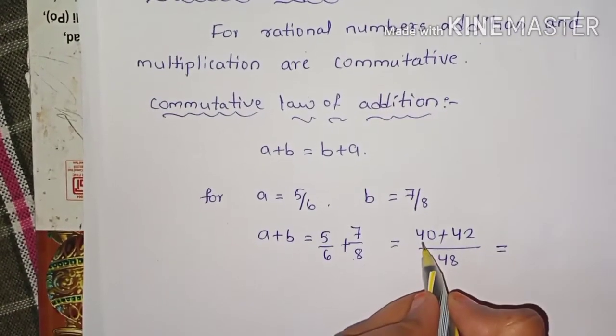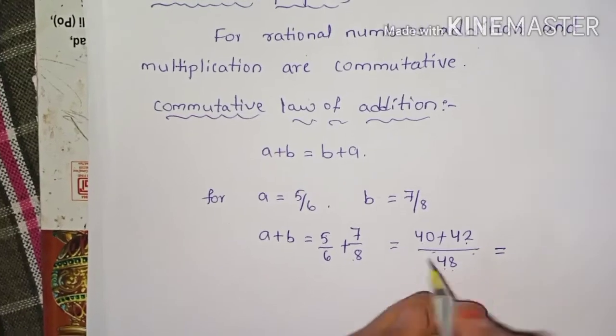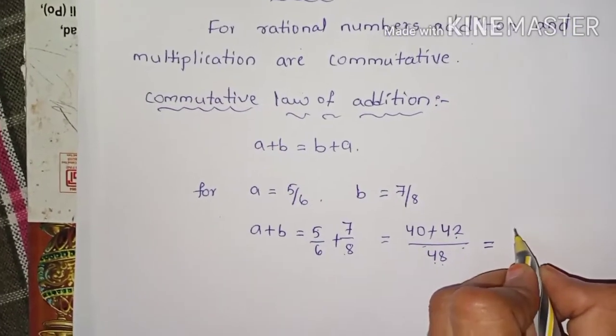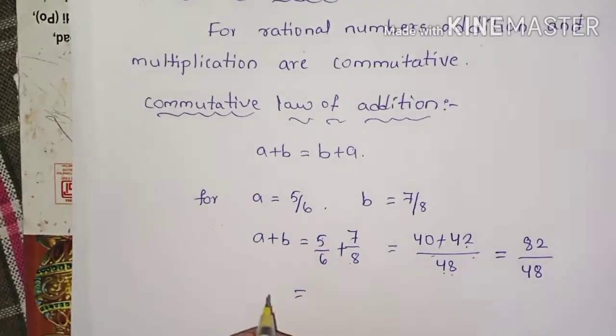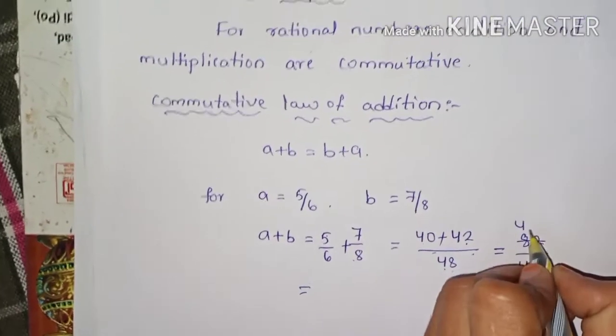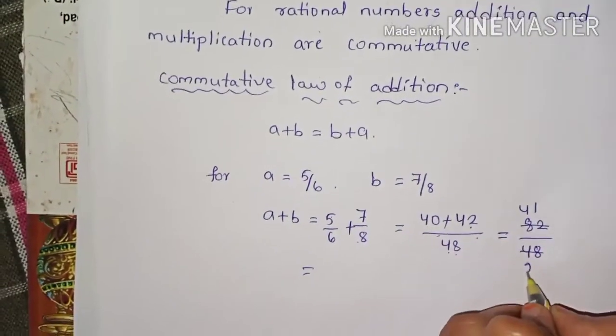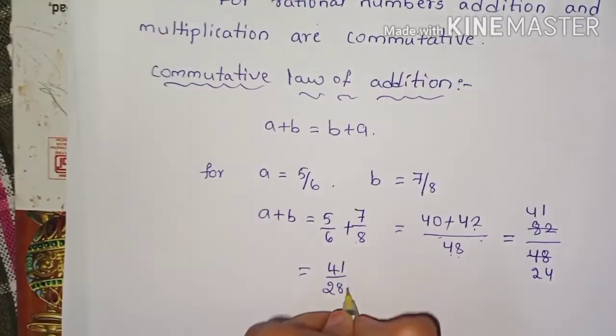So 40 plus 42 by 48. 40 plus 42 is what? 82 by 48. 82 by 48. Dividing by 2, we get 41 by 24.